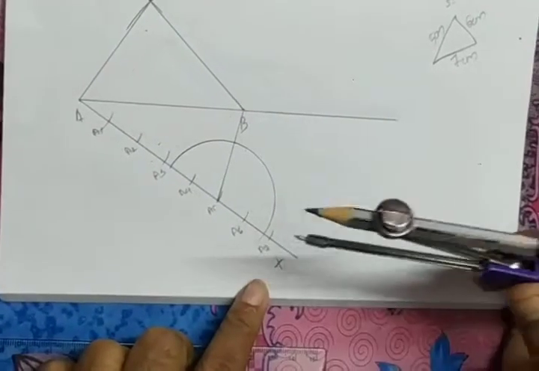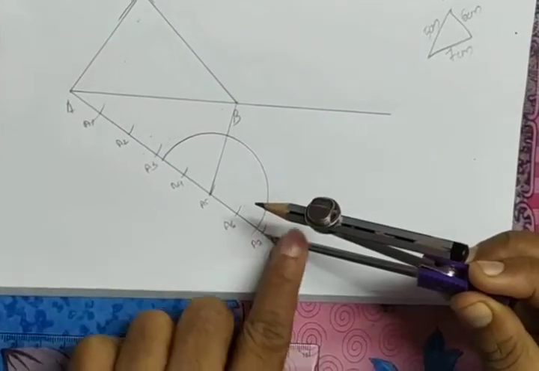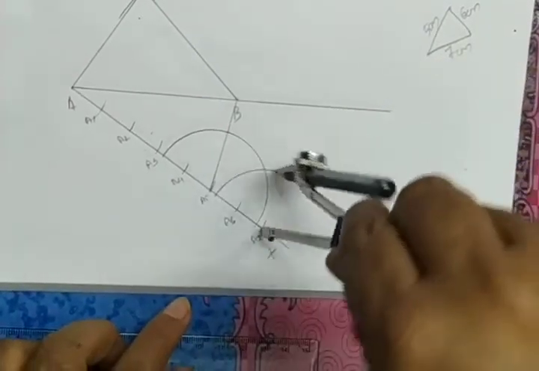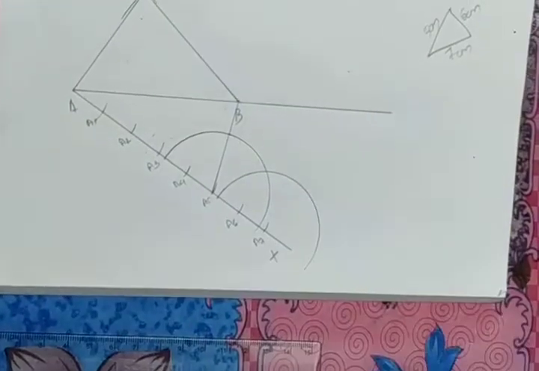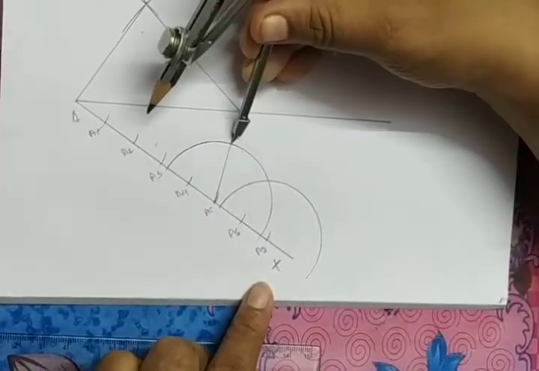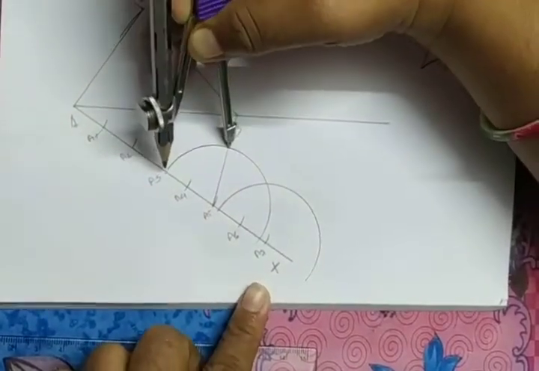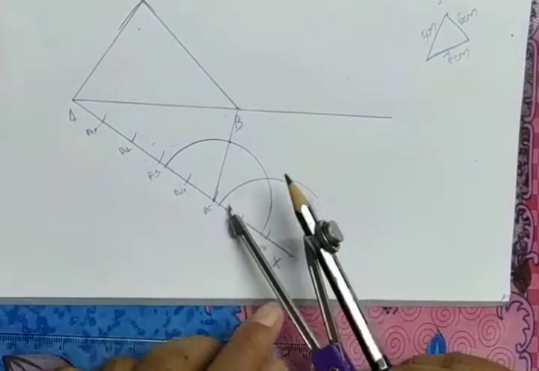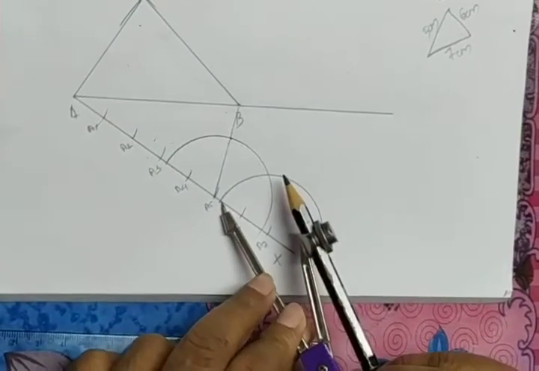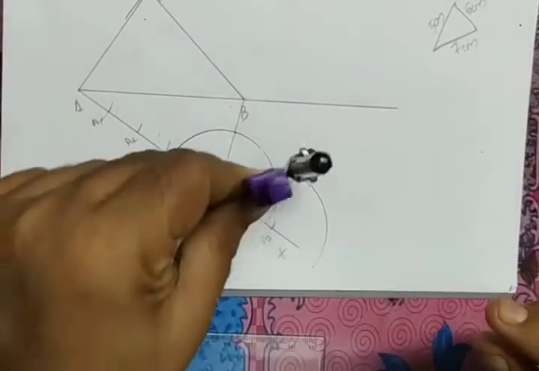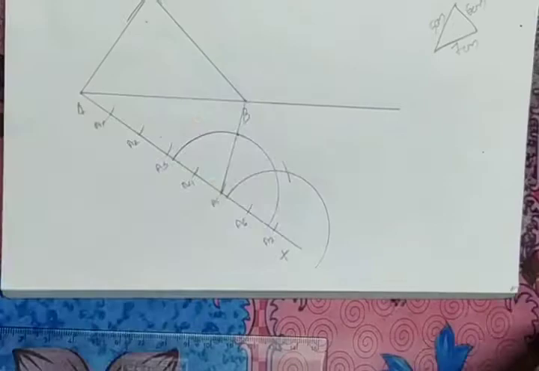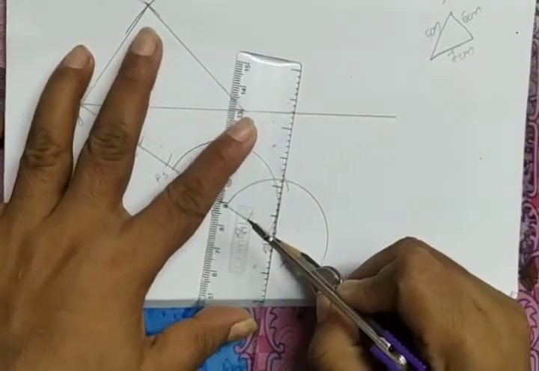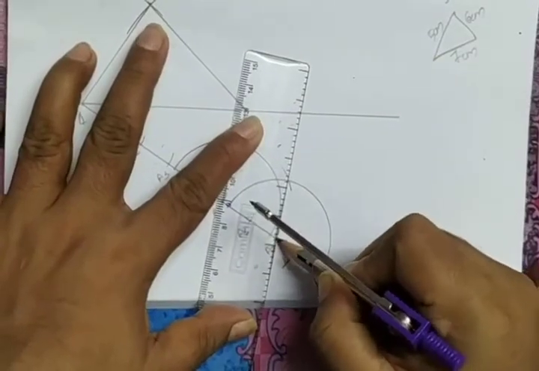With the same radius, with A7 as center, draw another semicircle. Again measure from this point to this point with your compass. Keep this point as center, don't change the measurement, and cut the semicircle.